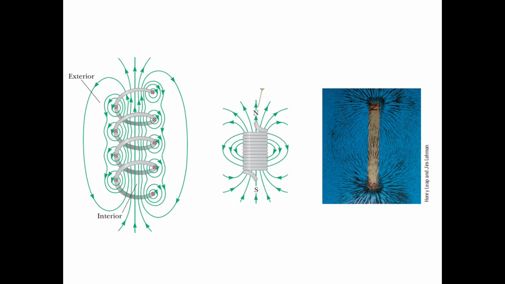Here we see this cross and dot means current goes into this side and comes out from here, then it repeats because one turn repeats another one. With such a current configuration, it is possible to create inside the solenoid a quite uniform and strong magnetic field.